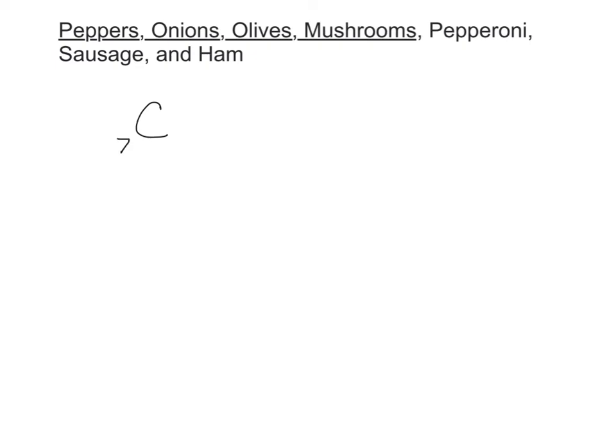I have 7 toppings to choose from, and I place them in groups of 3. So that's going to give me 7 factorial over (7 minus 3) factorial, 3 factorial. So that's 7 factorial over 4 factorial, 3 factorial.